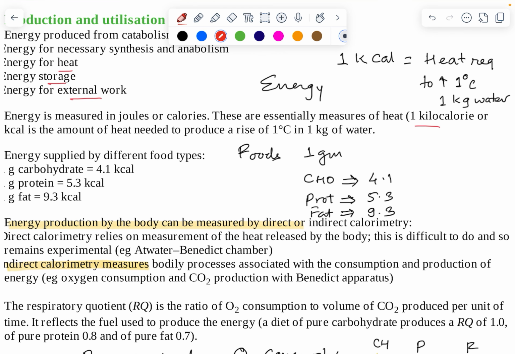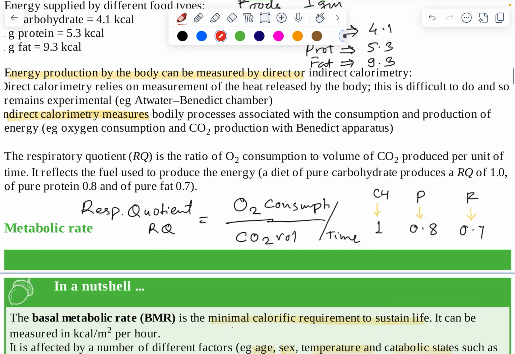Energy production by the body can be measured directly or indirectly. Direct calorimetry relies on measuring heat released by the body. This is difficult to do, so it remains experimental. For indirect calorimetry, the respiratory quotient is the ratio of carbon dioxide produced to oxygen consumed per unit of time. It reflects the fuel used to produce energy.